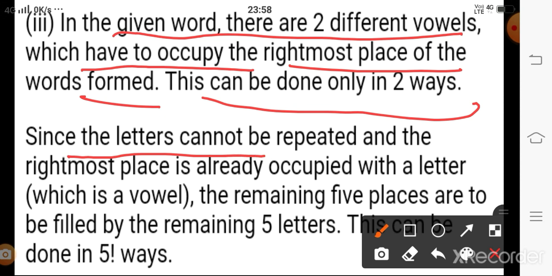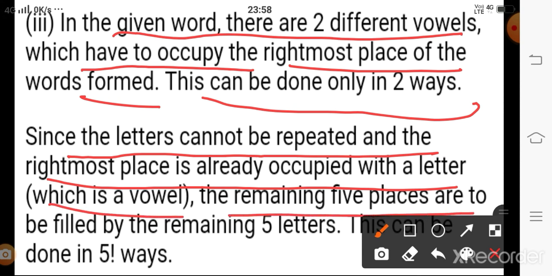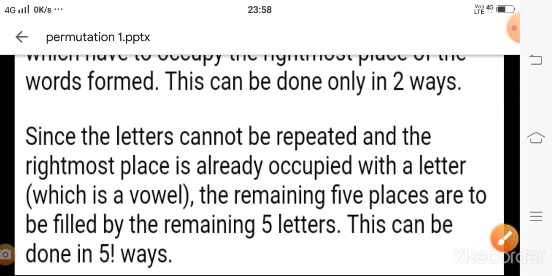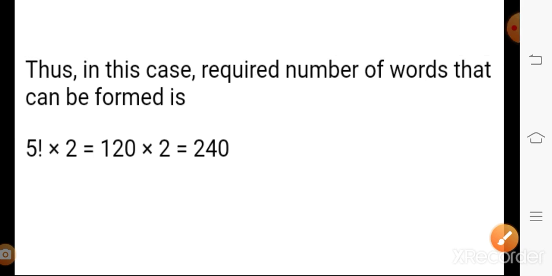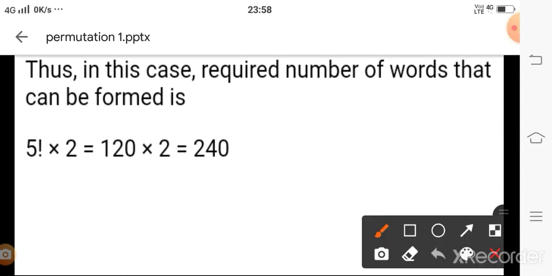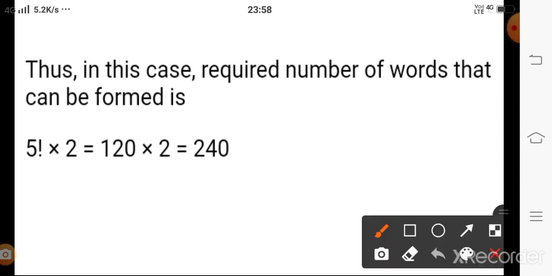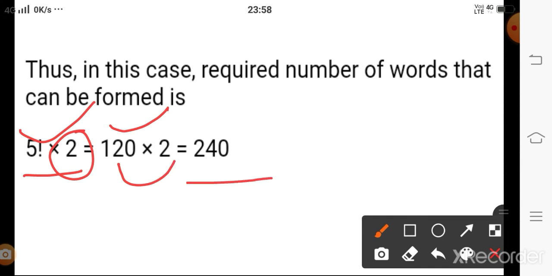Since the letters cannot be repeated and one place is already occupied by a vowel, the remaining 5 places are to be filled with the remaining 5 letters, means 5 factorial ways. And since we have 2 vowels, we multiply 5 factorial by 2. 5 factorial is 120, and 120 into 2 gives 240.